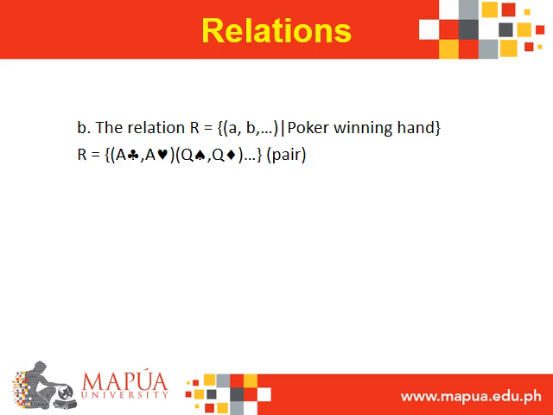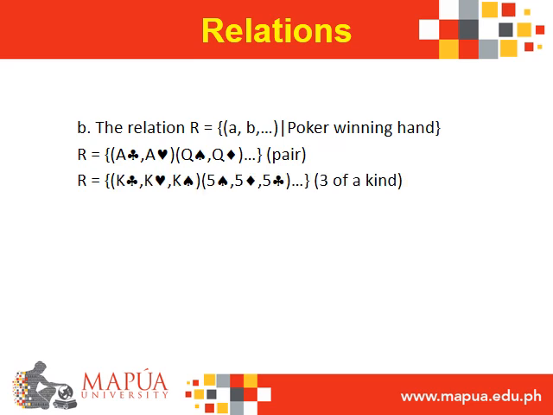Therefore, it's possible to have what you call a pair. A pair comprises two cards of the same value. So it's possible to have Ace of Clubs and Ace of Hearts, Queen of Spades and Queen of Diamonds, or any other pair of cards with the same value.